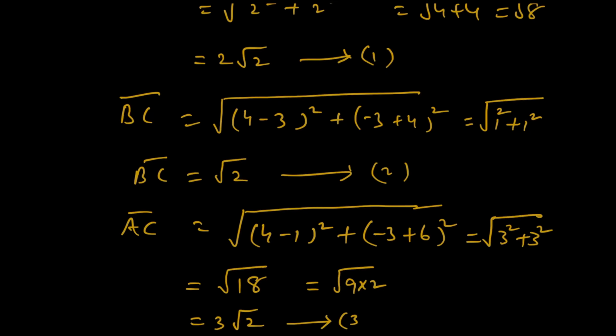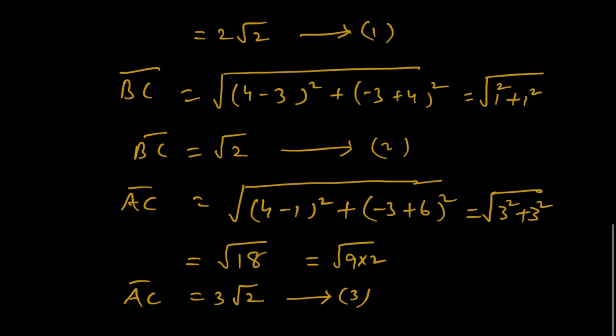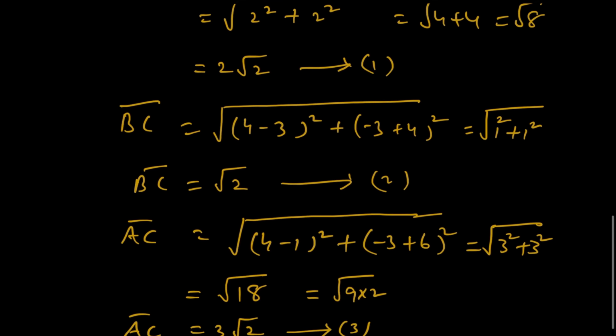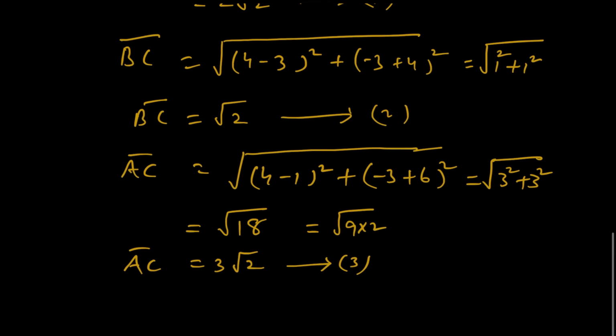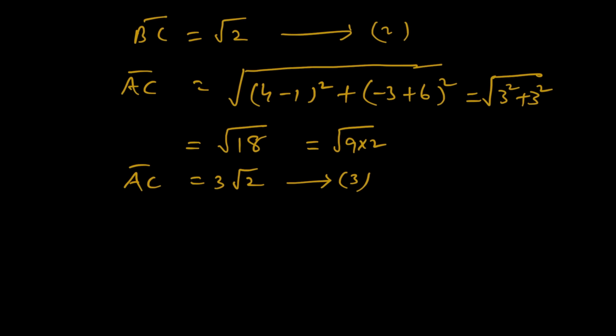This is the third result. Now if you sum up any two sides, you should get the third side. See which of these three sides is biggest? AC is the biggest. Therefore AC must be equal to the sum of the remaining two sides, AC equal to AB plus BC. If this equality is correct, then it proves that A, B, C are collinear.